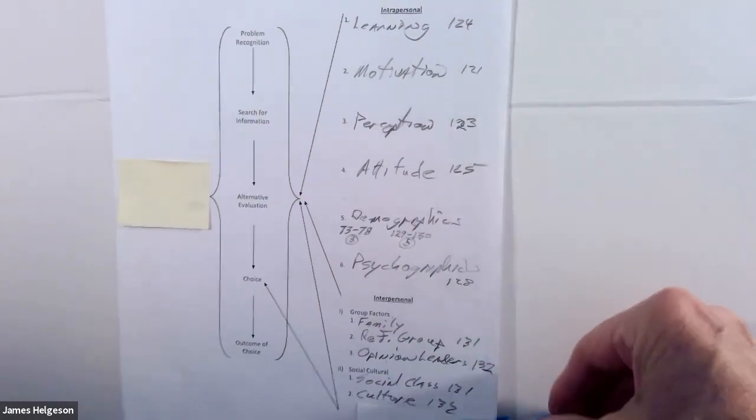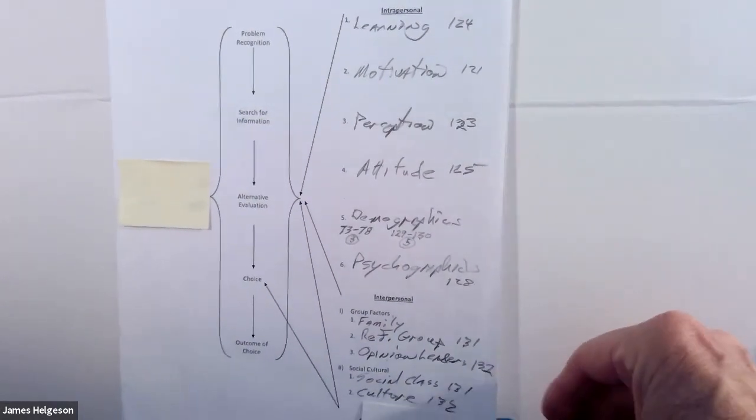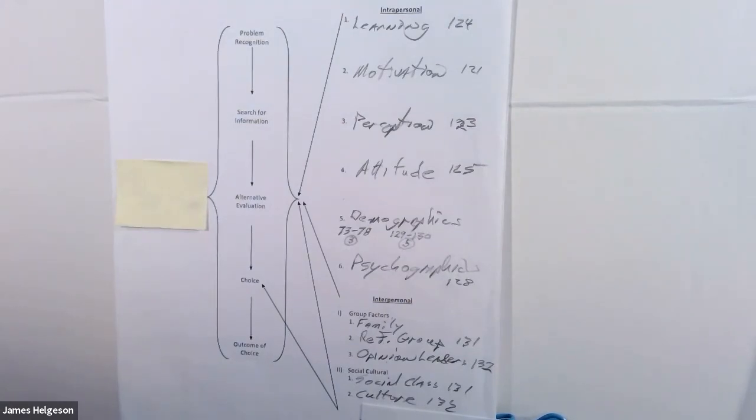That's social class. Culture. What the heck is culture? Here's a definition of culture. And you're in trouble right off the bat when the definition starts out with saying it's a complex. Okay, good luck with it.